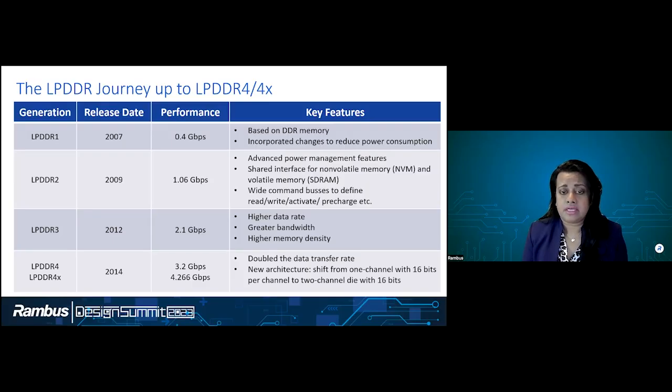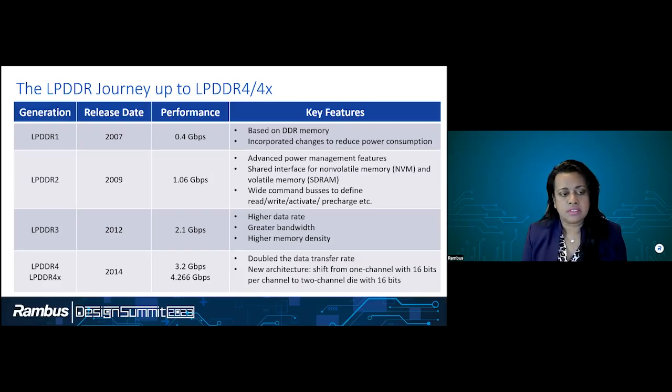And one of the key aspects is it also provided wider command buses to define the read, write, activate, and pre-charge. And then we see in 2012, LPDDR3 came into the marketplace with higher data rate, greater bandwidth, and also higher memory density as well.